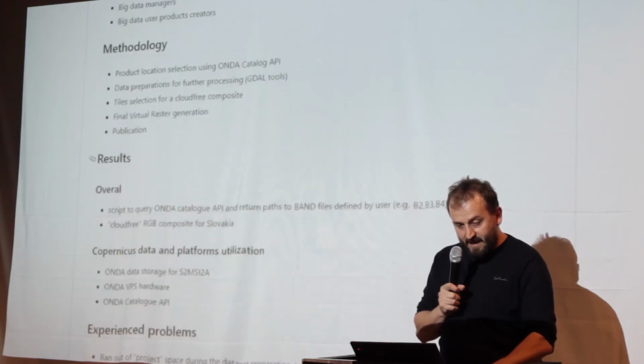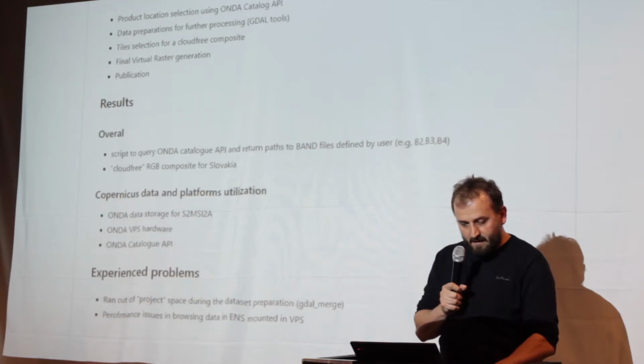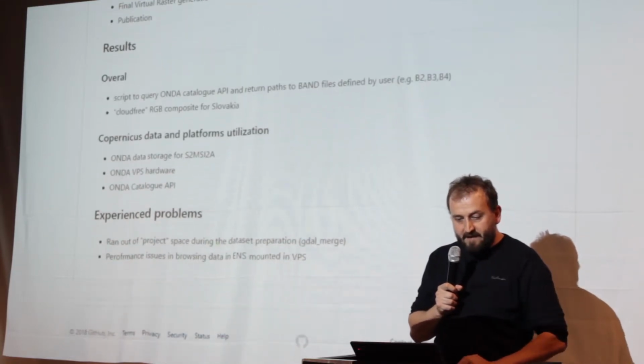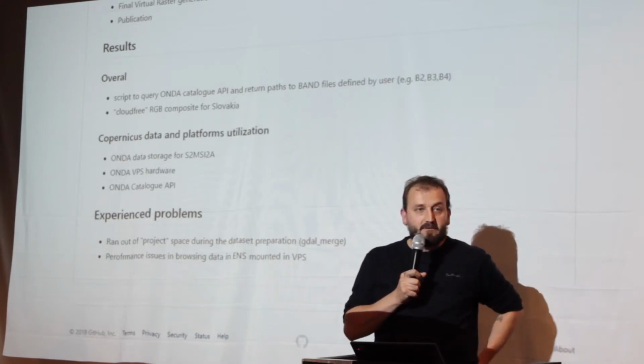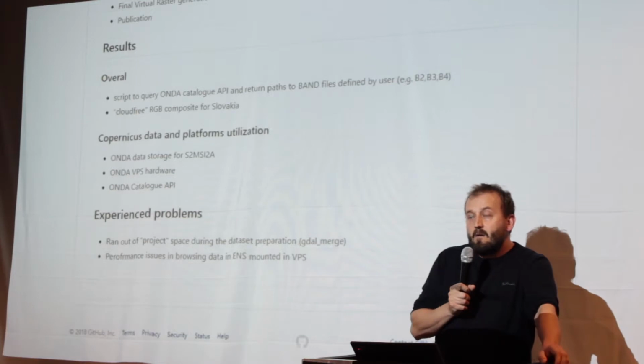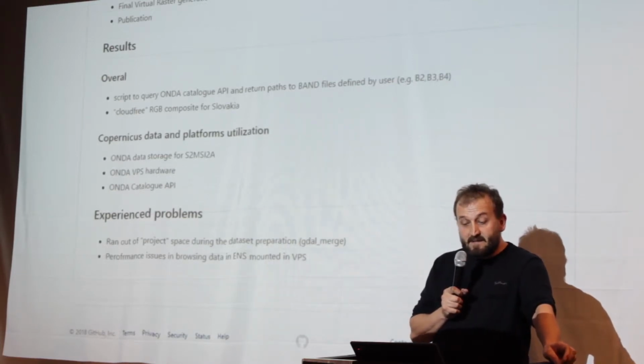Results: we haven't actually got everything that we planned. But overall, we developed a script where the user from the command line can query the catalog based on temporal, spatial and semantic parameters, and also the type of processing.